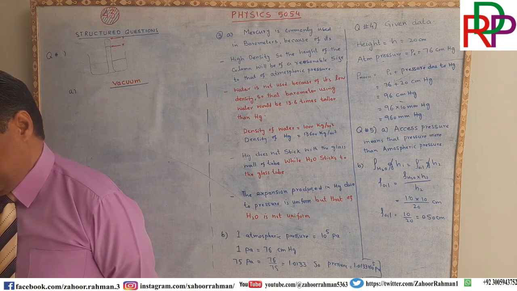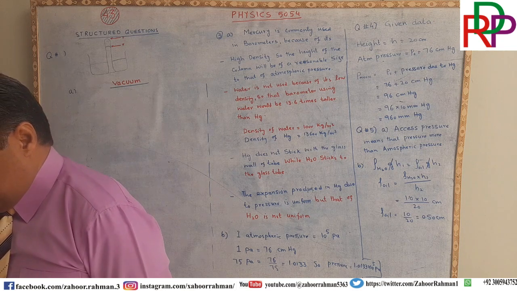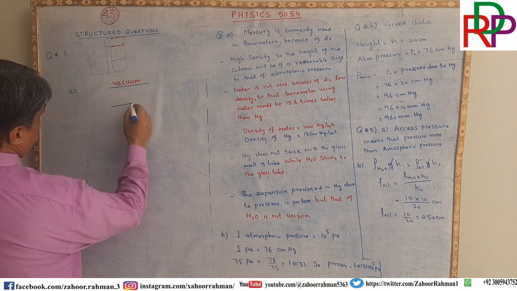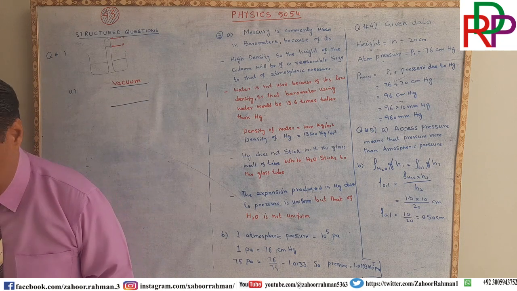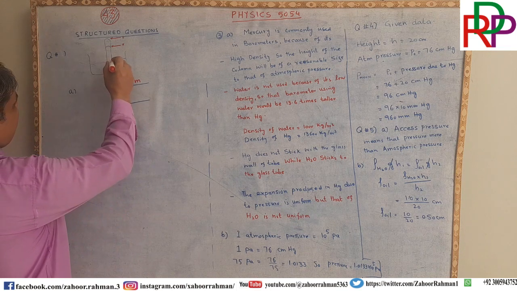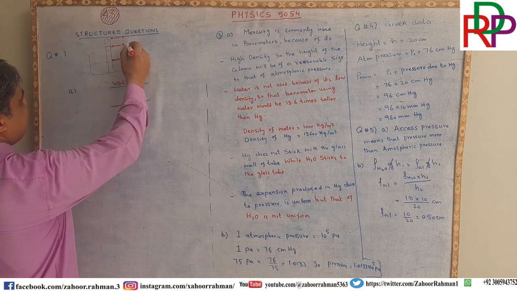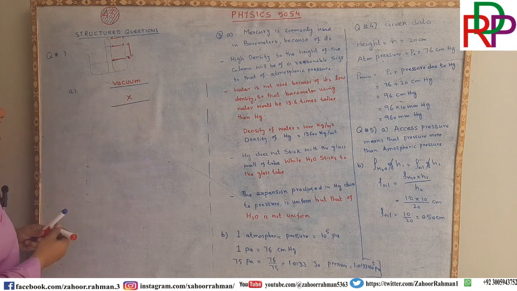Part B is saying draw on the same diagram a point Z such that the barometer reading between point Z and point dash measures the atmospheric pressure. So we have to draw a point Z, and between Z and X, you have to write X here.